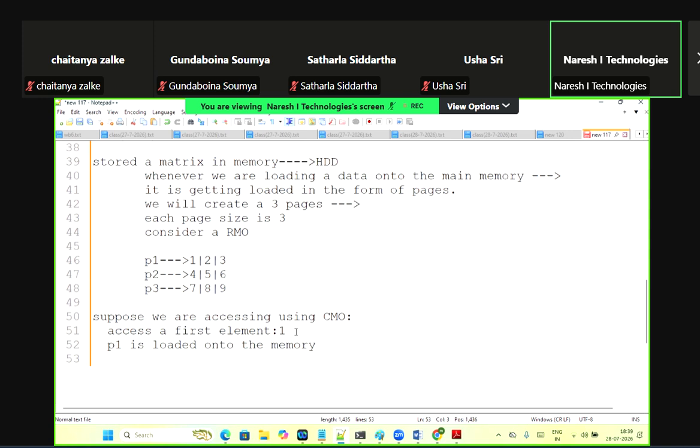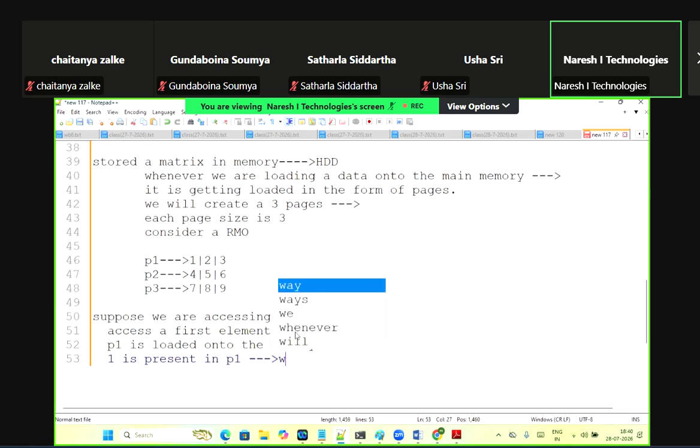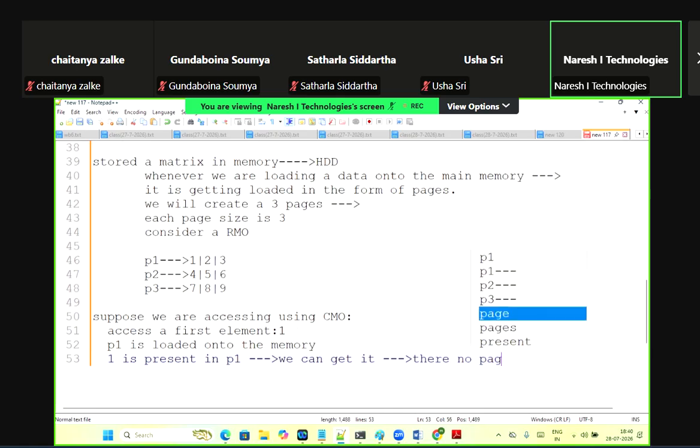Although I'm accessing column wise guys, column का भी first element one ही है. Yes or no? So because one is present in page one, we can get it. Means there is no page fault.